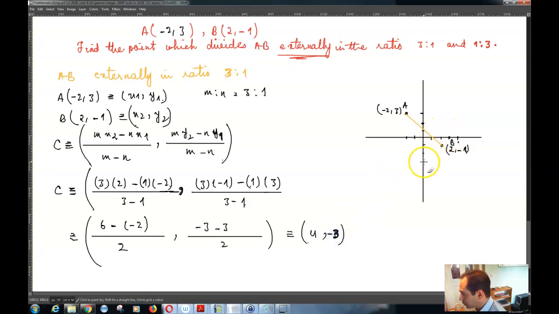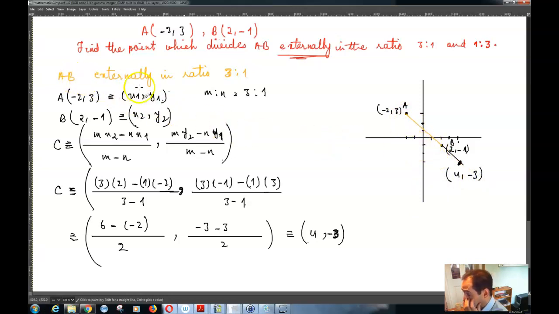So that's 4, negative 3, which is basically this point over here. Now, assuming that, of course, this point is supposed to be along this line, so this is this point. So this is 4, negative 3, and you can see that.